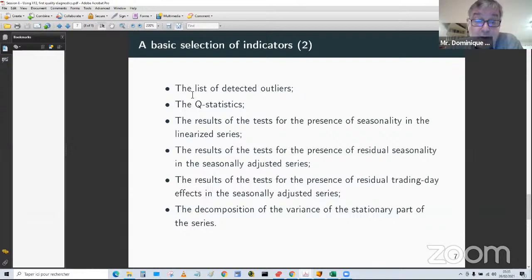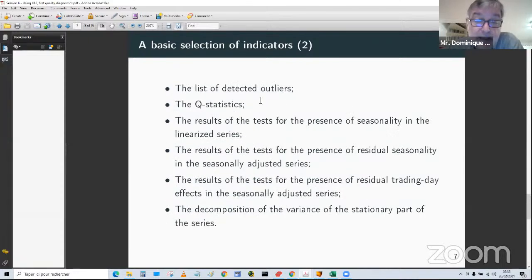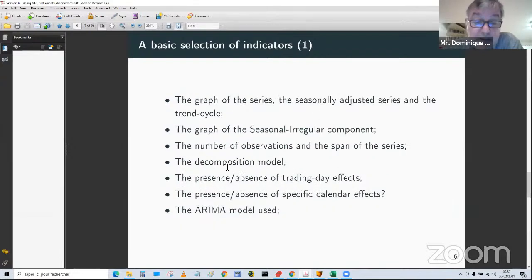What I want also, the list of detected outliers. It's important for me to see that the COVID crisis has been really detected, for example. The Q statistics. It was, you see here, basically a descriptive analysis of the raw data.